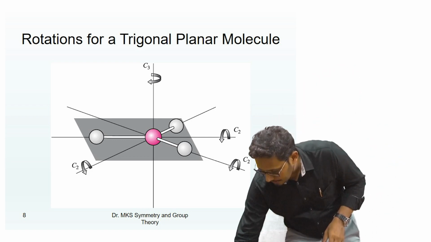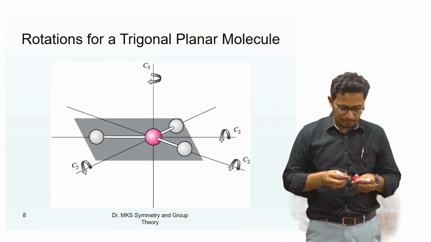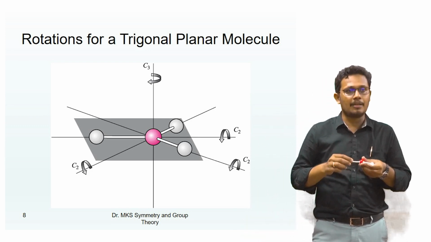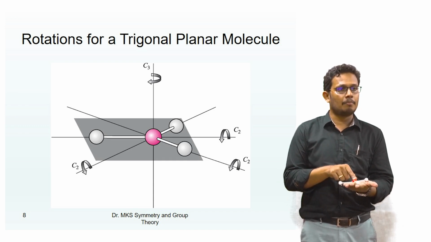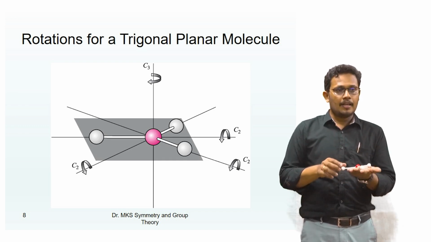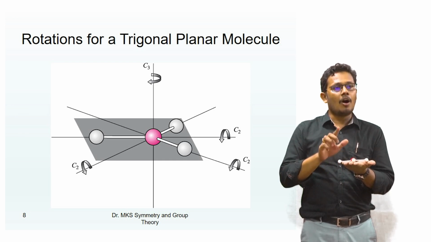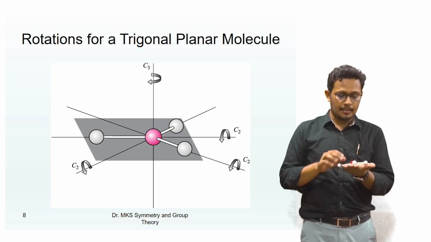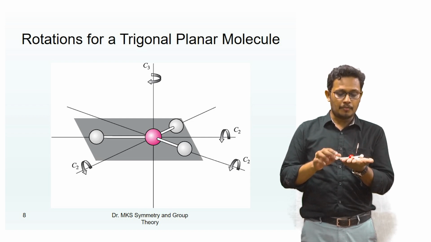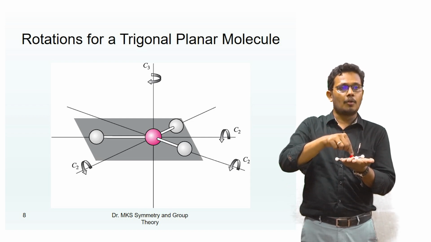Consider another example, the BF3 molecule, a trigonal planar molecule. This molecule has a horizontal plane. What is a horizontal plane? If you consider this molecule, here we have the rotational axis.